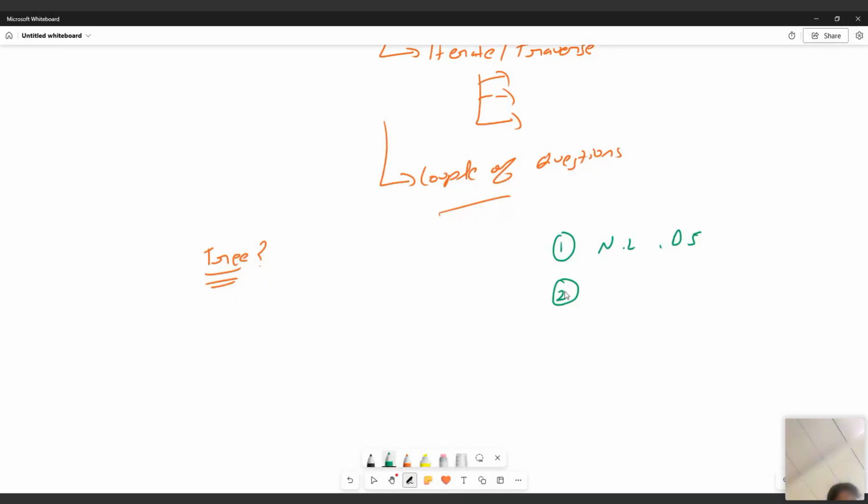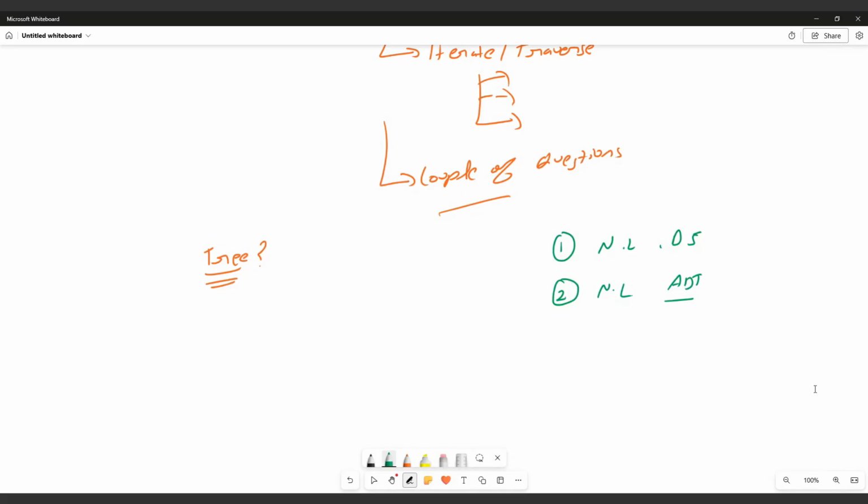Someone is saying it's a non-linear ADT. Guys, someone has opened their mic, please. Anyone who has opened their camera, please. It is a non-linear data structure which stores data in a hierarchical order.